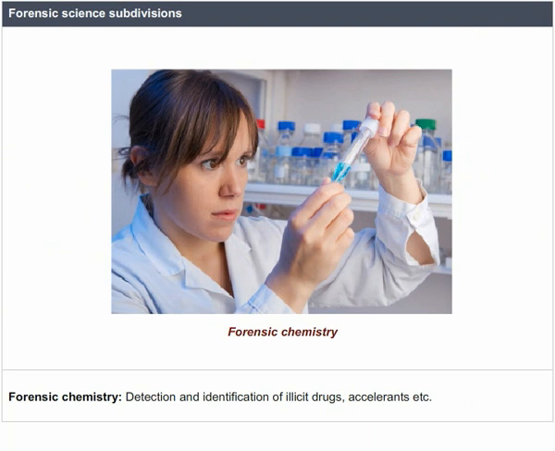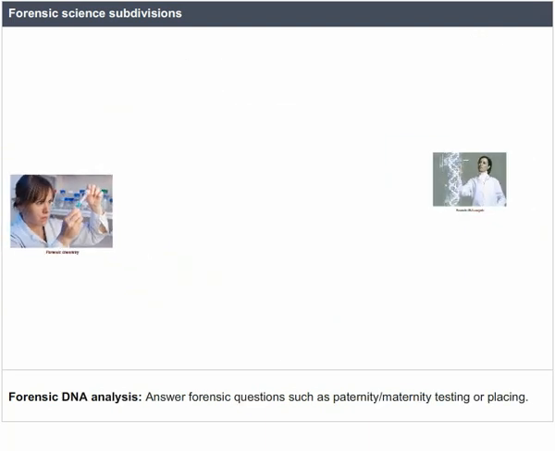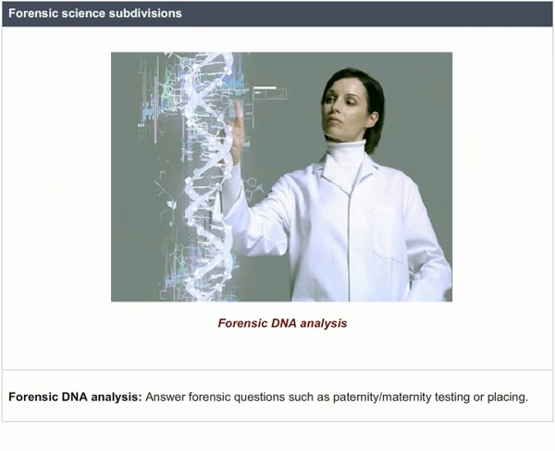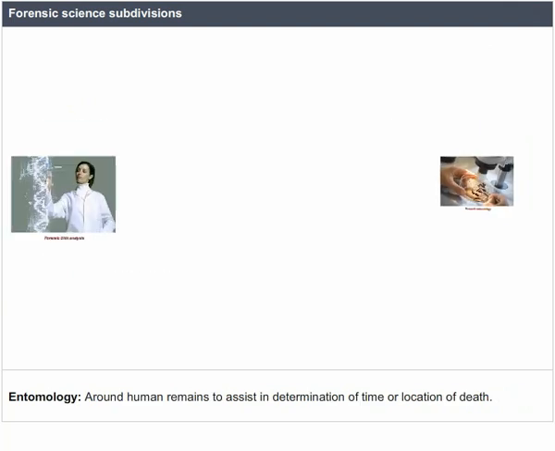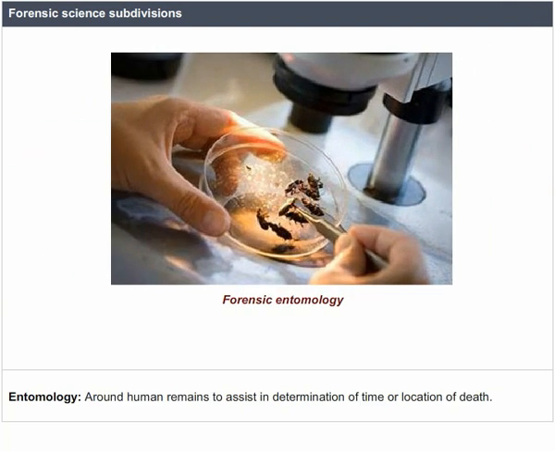Forensic chemistry: detection and identification of illicit drugs, accelerants, etc. Forensic DNA analysis: answer forensic questions such as paternity or maternity testing. Entomology: insects around human remains to assist in determination of time or location of death.